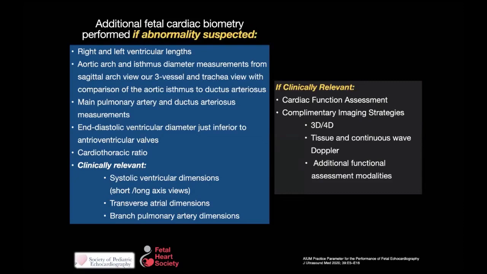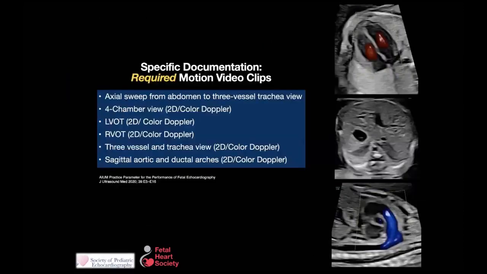Main pulmonary artery, along with the ductus arteriosus measurements, and diastolic ventricular diameters, just inferior to the AV valves, cardiothoracic ratio, or if clinically relevant, we have the systolic ventricular dimensions, short and long axis views, transverse atrial dimensions, and branch pulmonary artery dimensions. And cardiac function assessment is done if clinically relevant, as well as complementary imaging strategies to include 3D and 4D, tissue and continuous wave Doppler, and other additional functional assessments.